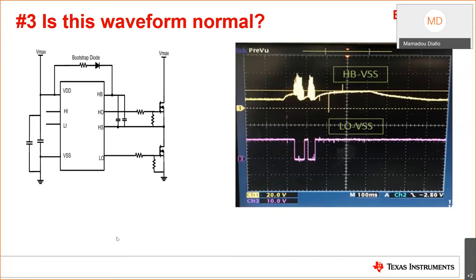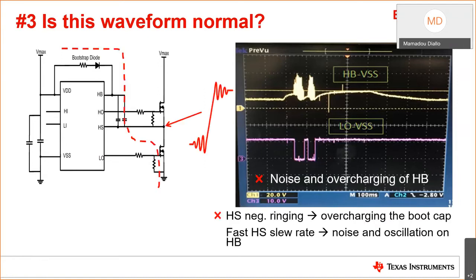And what's essentially happening here is the long duty cycle on the LO channel. If you noticed, this is causing overcharging on the bootstrap capacitor through the red path highlighted that I'm showing right now. In this case, the on time of the low side output LO lasts well above 500 microseconds.